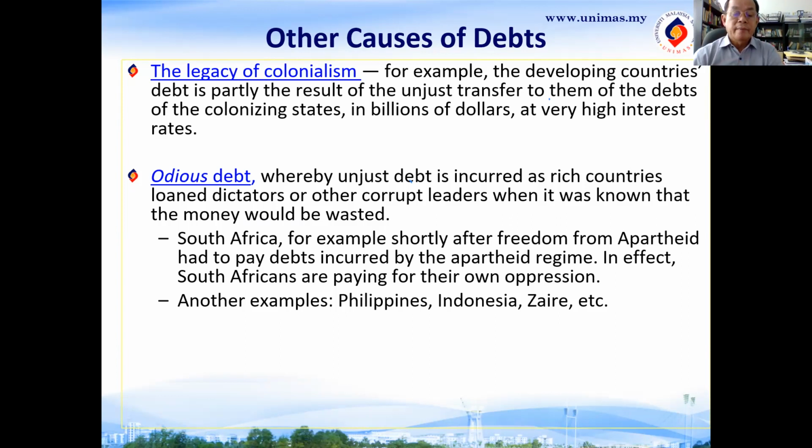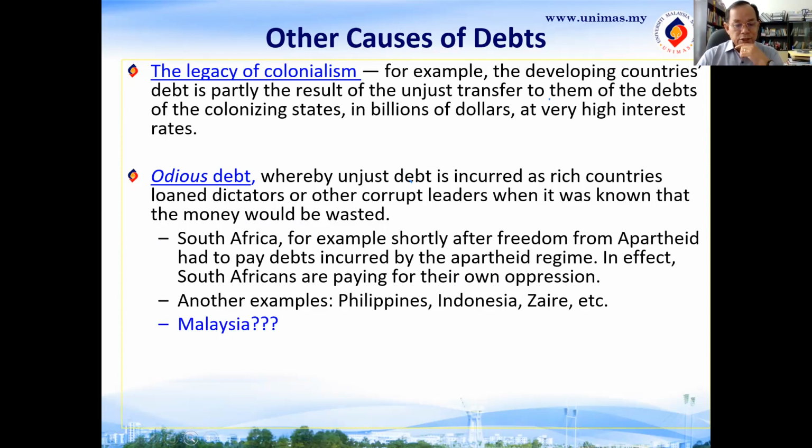All those are examples of corrupt leaders who caused the debt to go unpaid, accumulate and become a crisis. And the current government will have to pay for those loans.